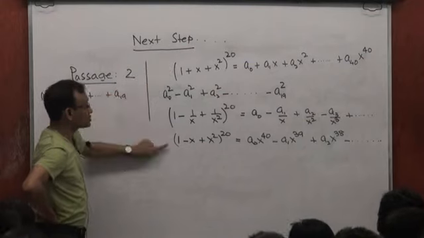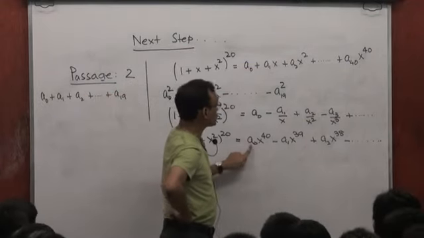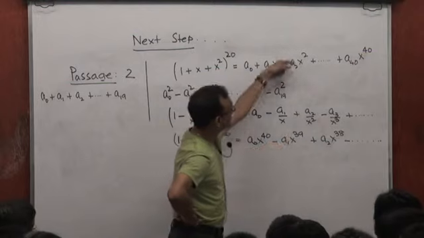Now let me multiply these two. When I multiply these two, I'll get a naught squared as one of the terms, minus a1 squared plus a2 squared.